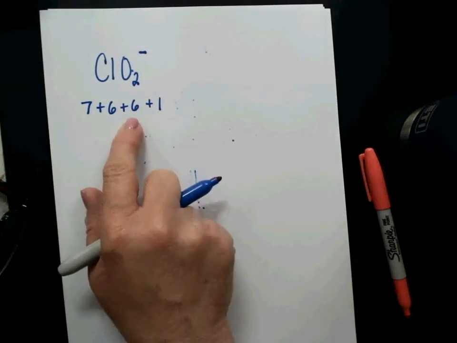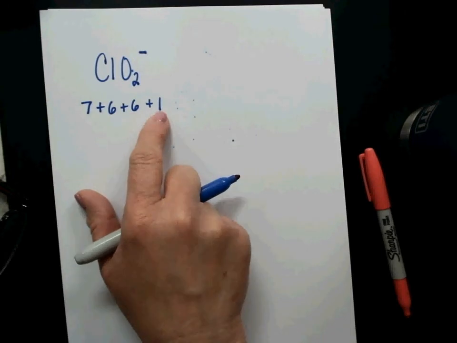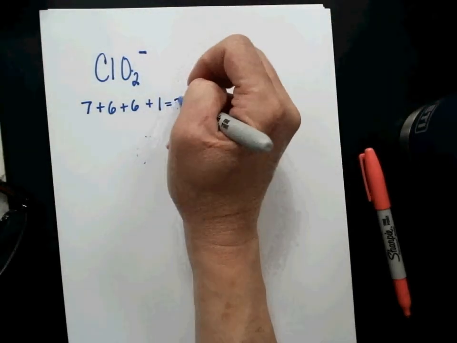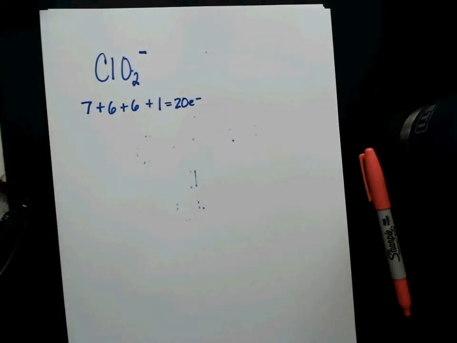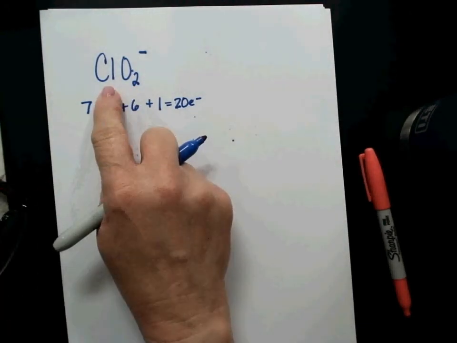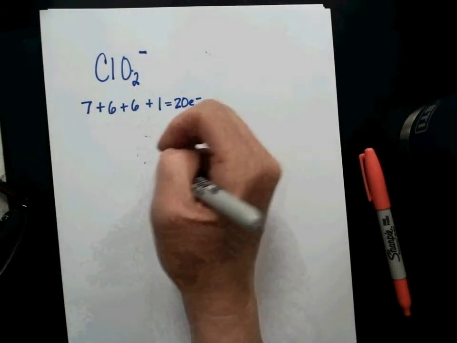So I have 7 in chlorine, 6 in my first oxygen, 6 in my second, plus my 1 extra guy. So what is that, 20? Is that right? Did you get 20? Okay. So when I look at this, I have 2 oxygen and 1 chlorine.